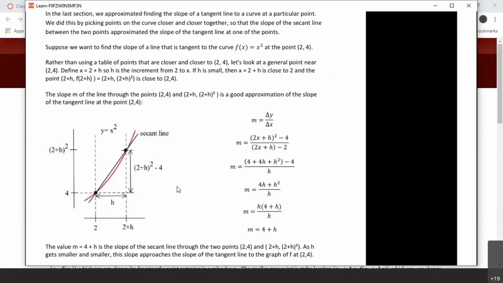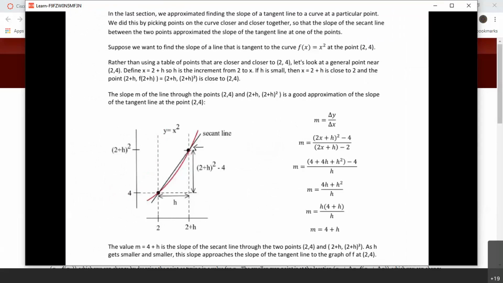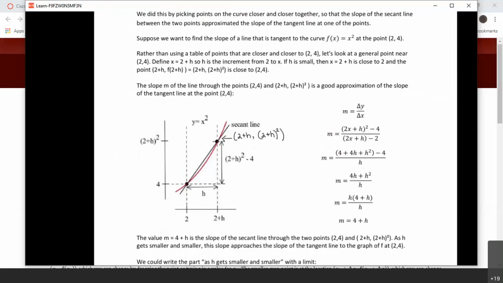Again, imagine this is the point 2 plus h, (2 plus h) squared. And this is the point down here, which you can see on the graph is (2, 4).